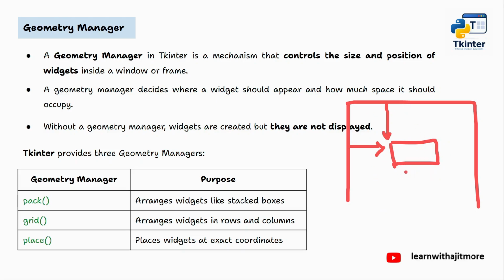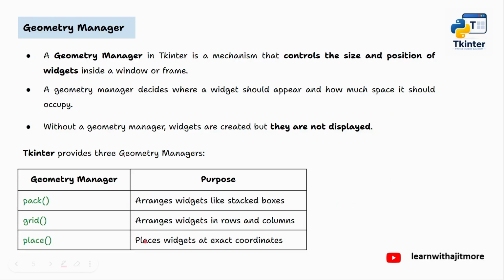This is more absolute, exact. Exact locations you can tell using place geometry. So these are three different algorithms of placement, different policies of placement. All three follow different policies of placing widgets within the main window.